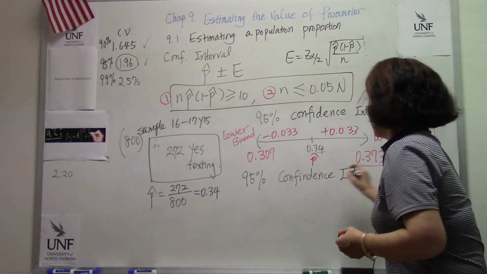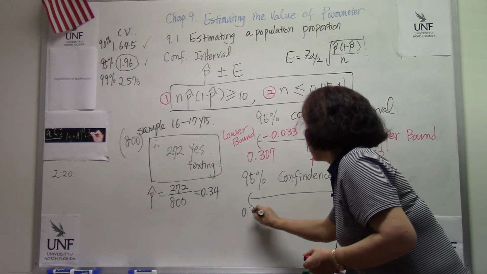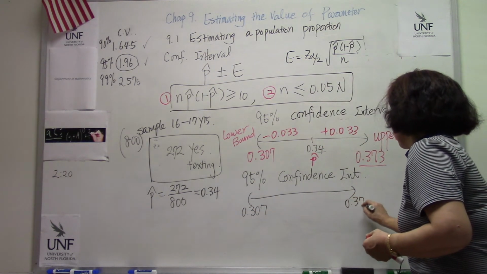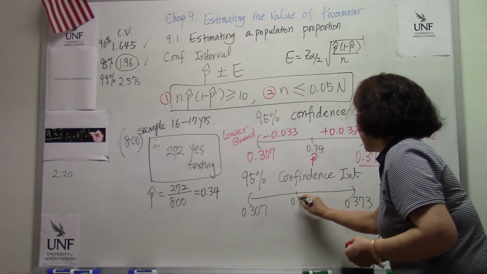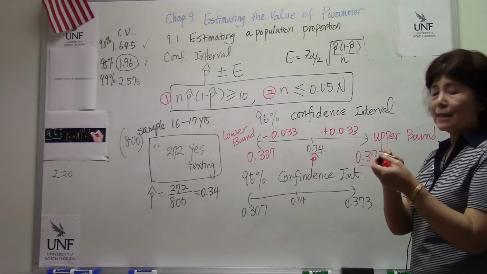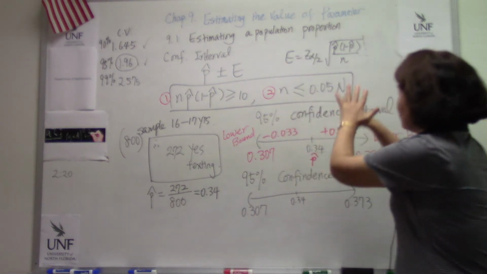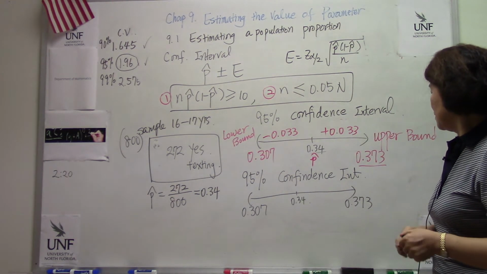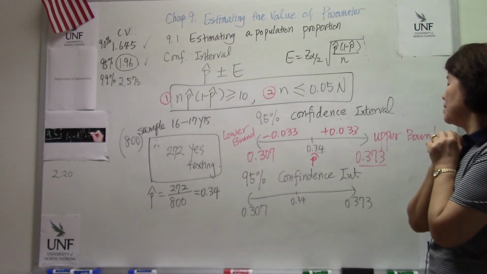The interval is from 0.307 to 0.373, and our sample proportion is right in the middle. So this is the answer. But that part was just pretty mechanical, and now let's try to understand it.